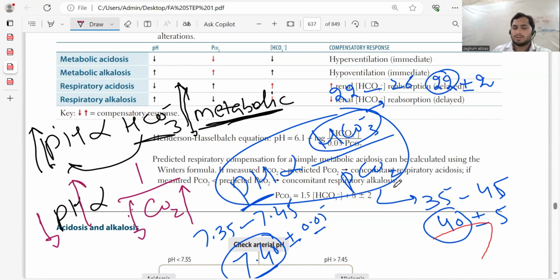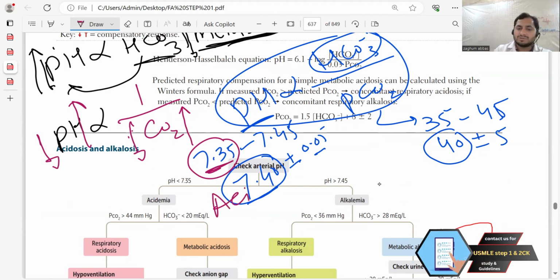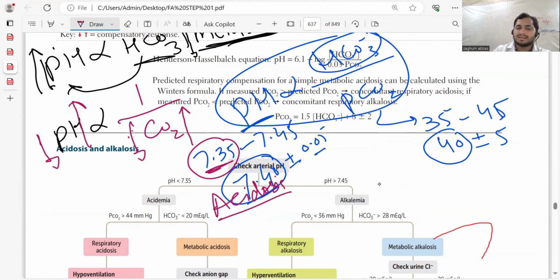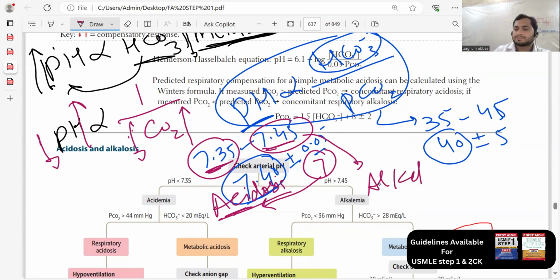And guys, remember, if pH is decreased, less than 7.35, that will be acidosis. pH 7 is like neutral; if it is decreased, it will be acidotic pH. But if it is more than 7.45, that will be alkalosis.